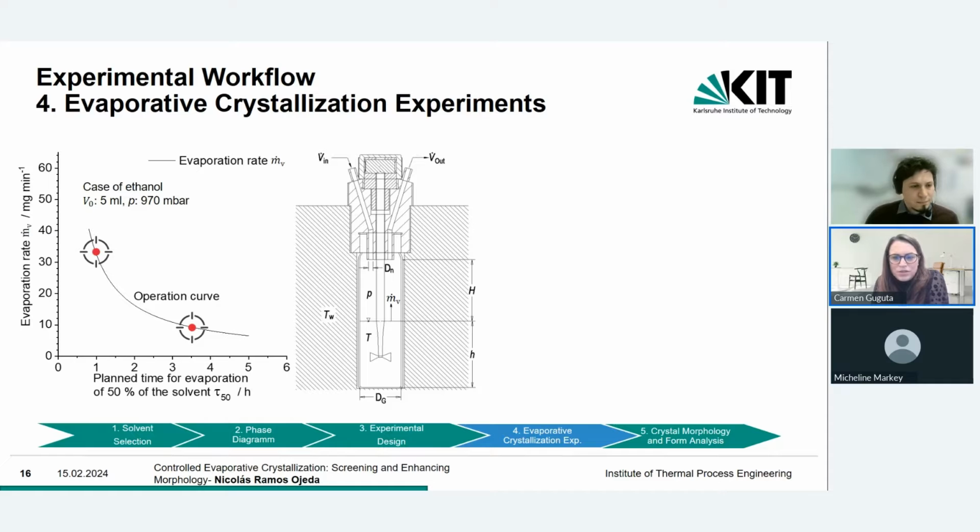Another question, Nicolás. When increasing the flow rate, is it increasing the supersaturation and consequently the nucleation rate? I mean, when we are increasing the flow rate, we just increase how fast the supersaturation goes up.